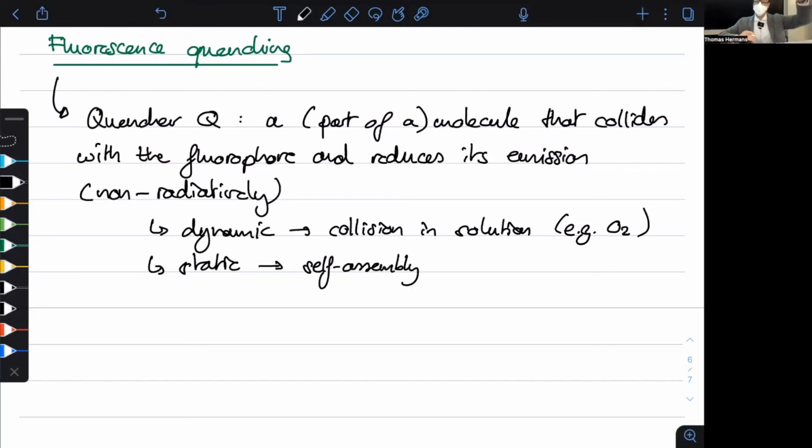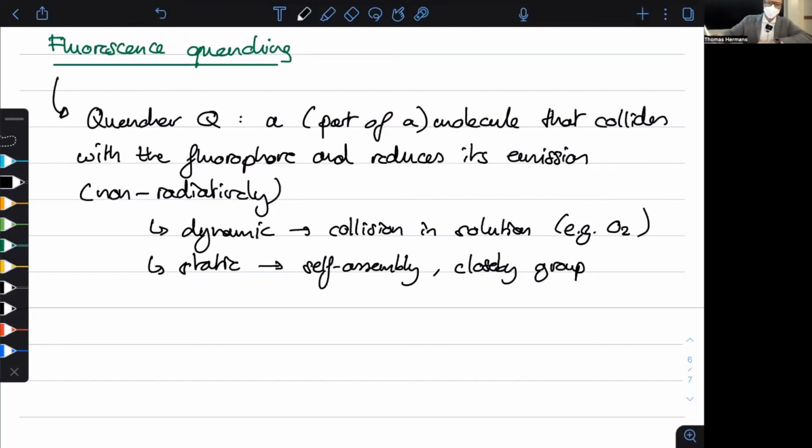So self-assembly brings molecules close. When molecules are close, they can interact and they can quench each other. Or it can be just a close-by group. You're in a protein, the protein is folded. There might be one moiety that is quenching tryptophan. Therefore, you don't see tryptophan emission.